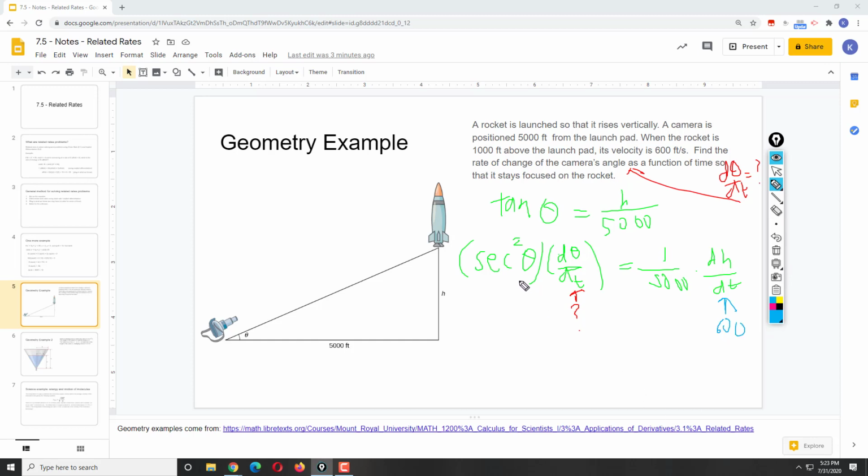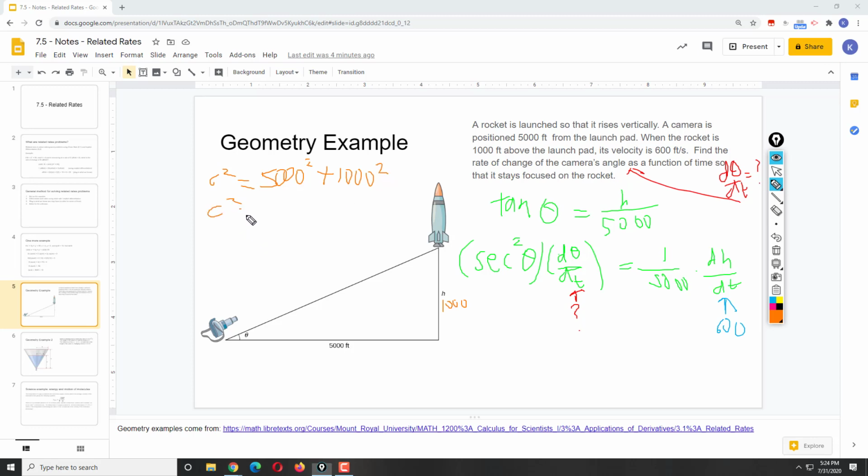What is secant squared theta? Well, we know that if this is 5,000 and this is 1,000, then by the Pythagorean theorem, c squared has to equal 5,000 squared plus 1,000 squared.